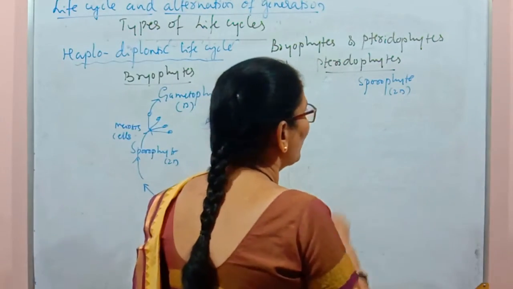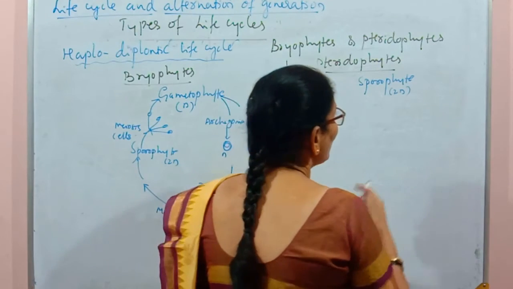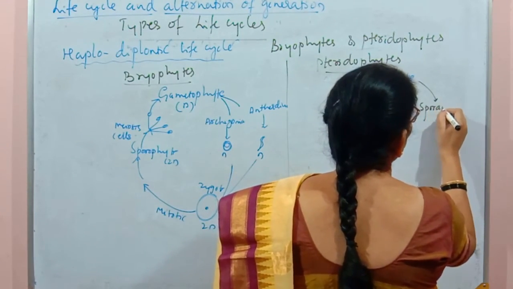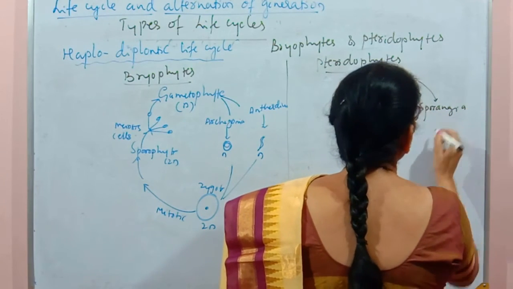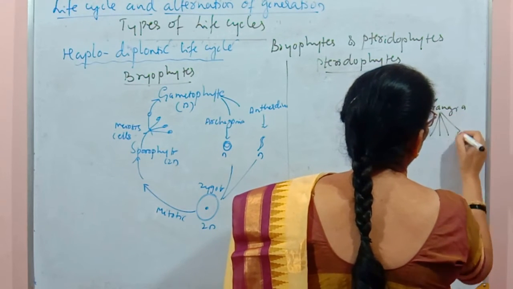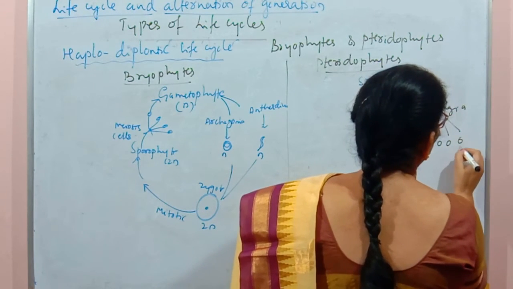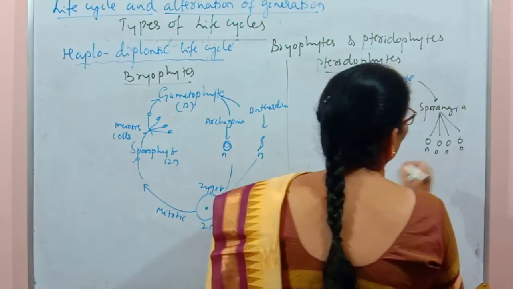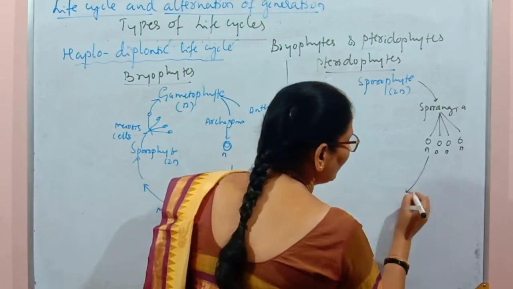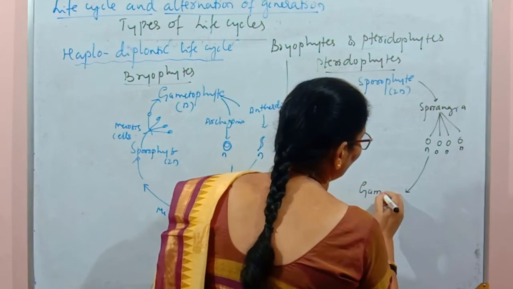The sporangia produce the spores. These spores are haploid. When these spores fall on the ground, they produce the gametophyte.